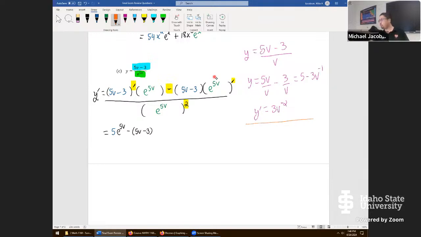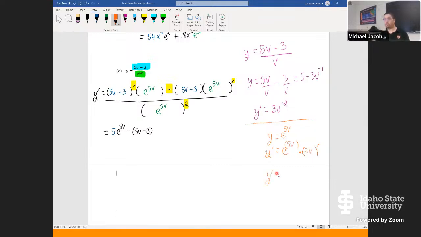If you're analyzing this function, y equals e to the power of 5v, then here's what the chain rule process looks like in this scenario. Y prime will be equal to e to a power multiplied by the derivative of that power. So that's the setup for chain rule every time it's an exponential. Next, the inner function will go into both locations, here and here.